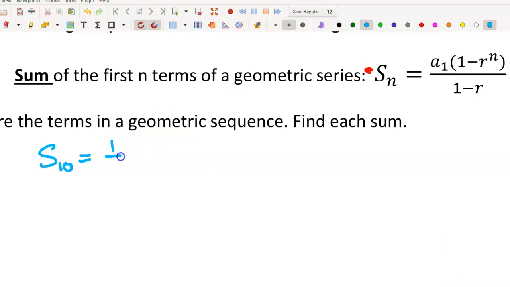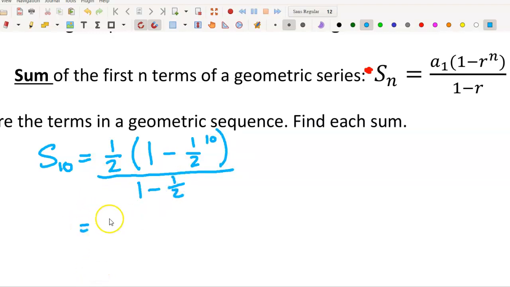So my first term and my ratio are the same, so we're going to have lots of 1/2s. All right, 1/2 to the n minus 1, which would be, no, it's just to the n. That's why. 10. There we go. All over 1 minus r.